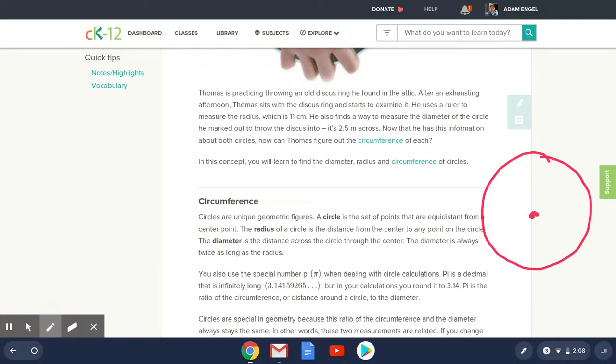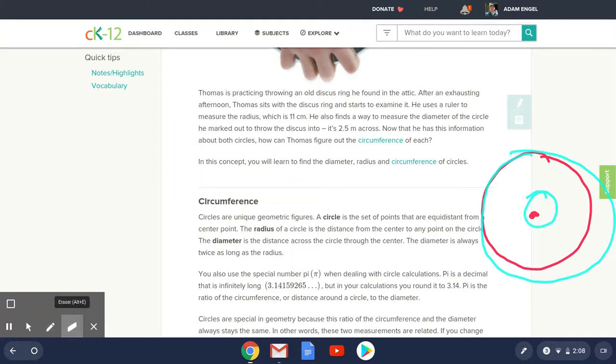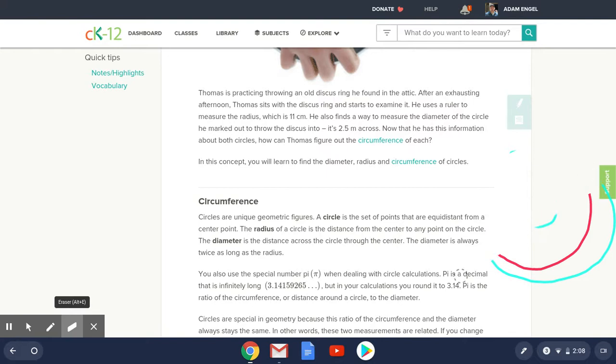That means that it is an equal distance away from this center point, right? So any point on the circle should be an equal distance away from our center point right here. So that should be your first note on what a circle is. A circle is a set of points that are equidistant from a center point.